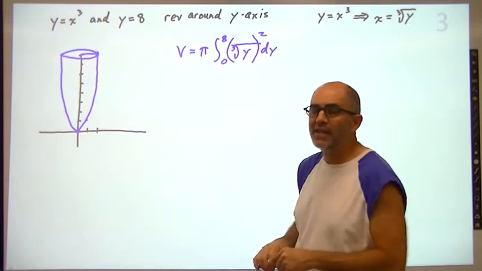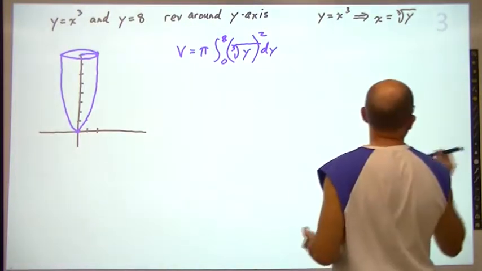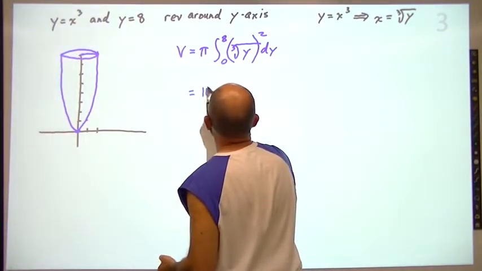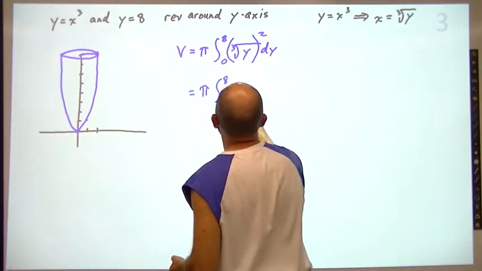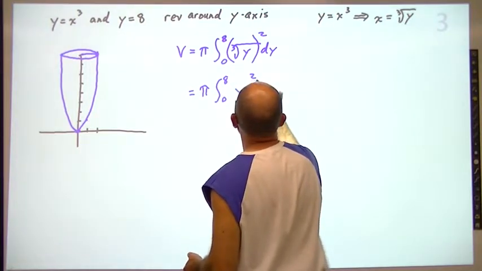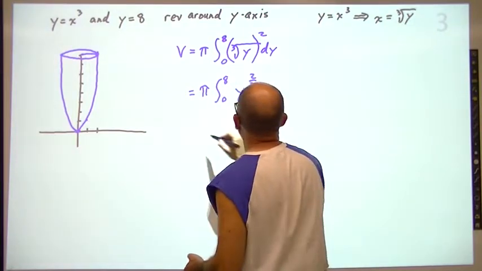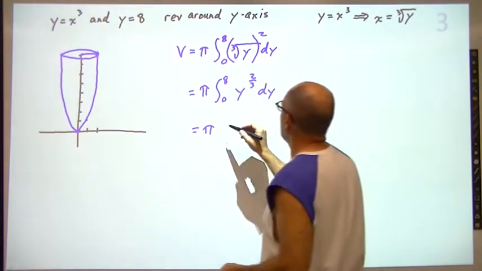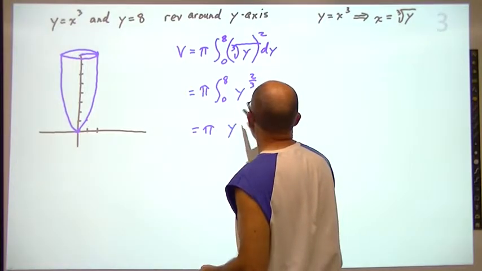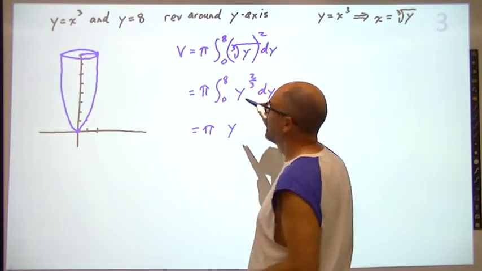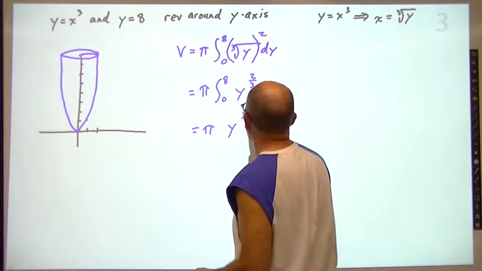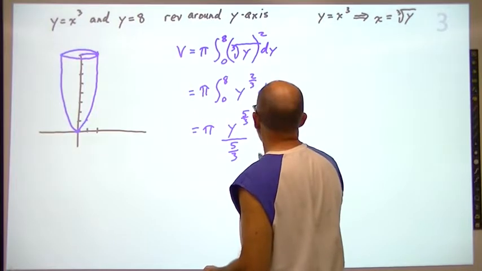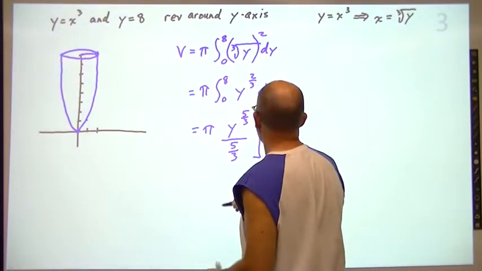So now, once again, an easy integration. This equals pi times the integral from 0 to 8 of y to the 2/3 dy. Then when I do the integration, it becomes y to the 2/3 plus 1 is 5/3, over 5/3, from 0 to 8.